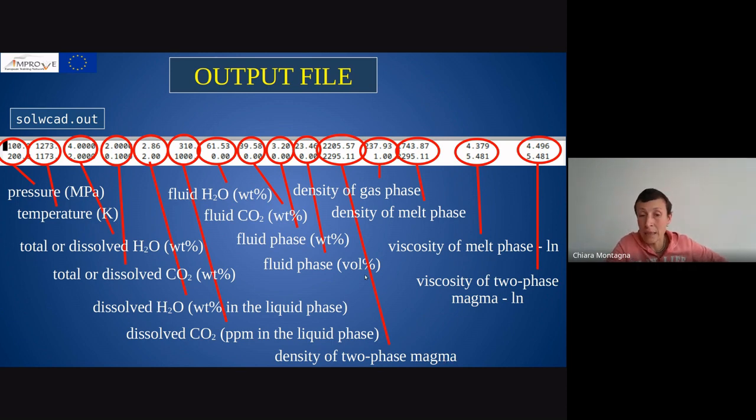And then we have the density of the two-phase magma, of the gas phase and of the melt phase. So this is useful when we want to see how the physical properties of these magmas vary. And then we also have the viscosities expressed in logarithmic units, as is common for viscosities of magmas.